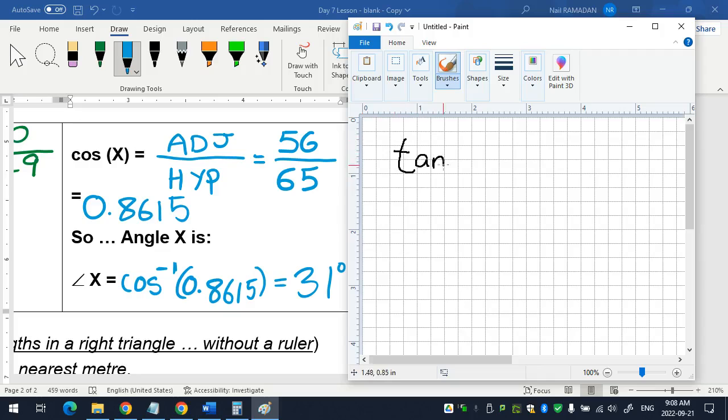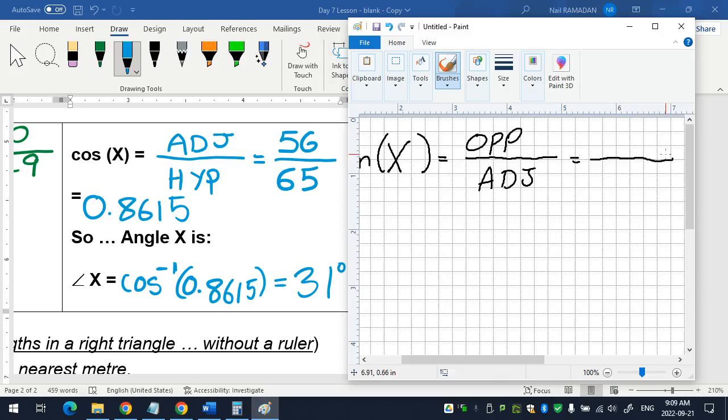Tan of what? Of x. I'm still trying to find the x, the angle x. Okay. Can someone tell me what's the fraction for tan? Come on. SOH-CAH-TOA, opposite over adjacent. Thank you. Opposite over adjacent equals.